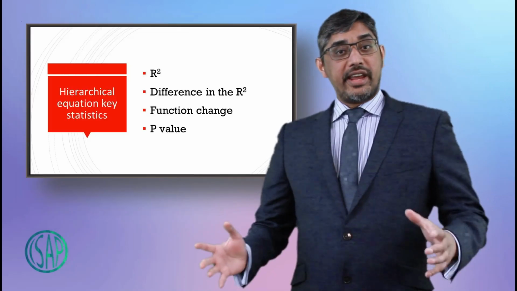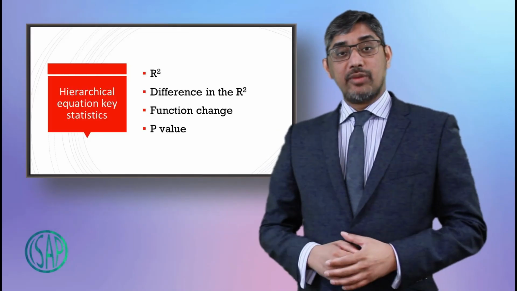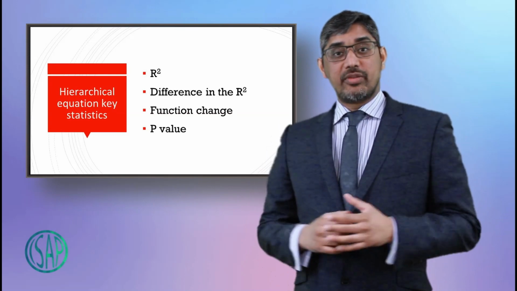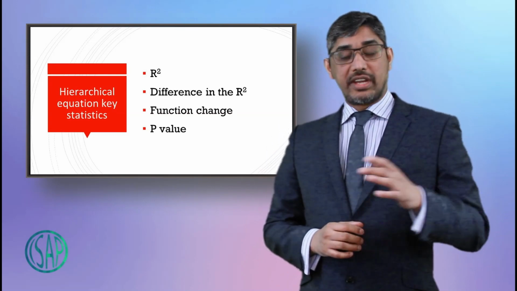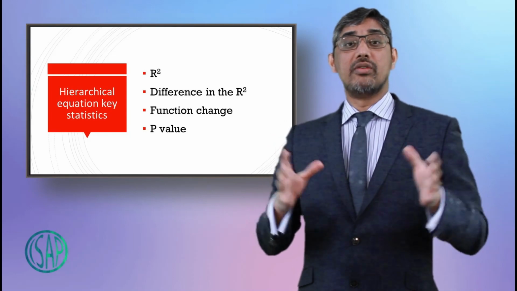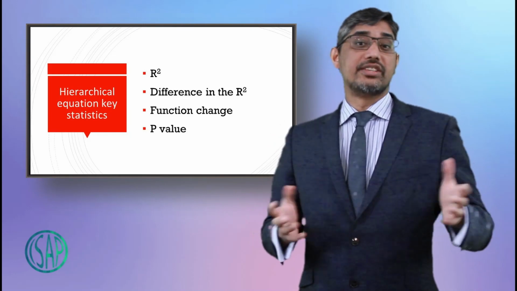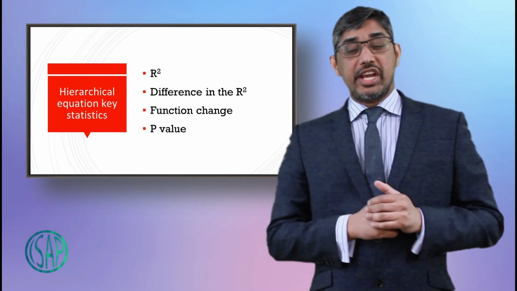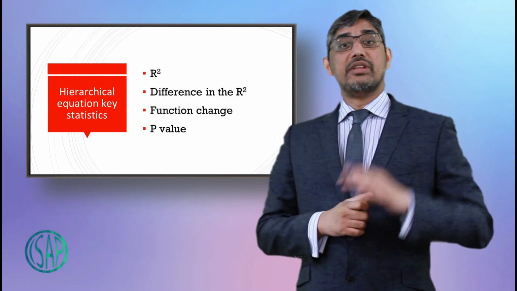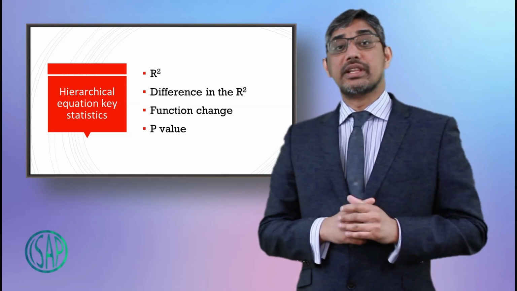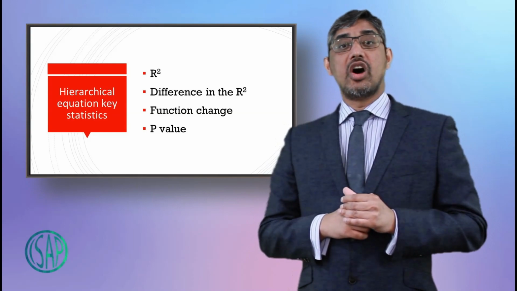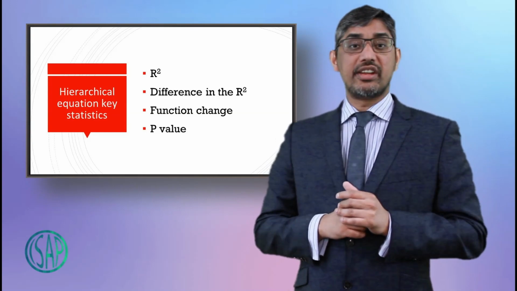Before I run any statistics, I wanted to emphasize 4 key things. In a hierarchical equation, one is R square, which is the model value, or how good the model is. Then R square change, which is the difference between model 1, model 2, and other models. Then F change, which decides whether the R square change is significant enough or not.